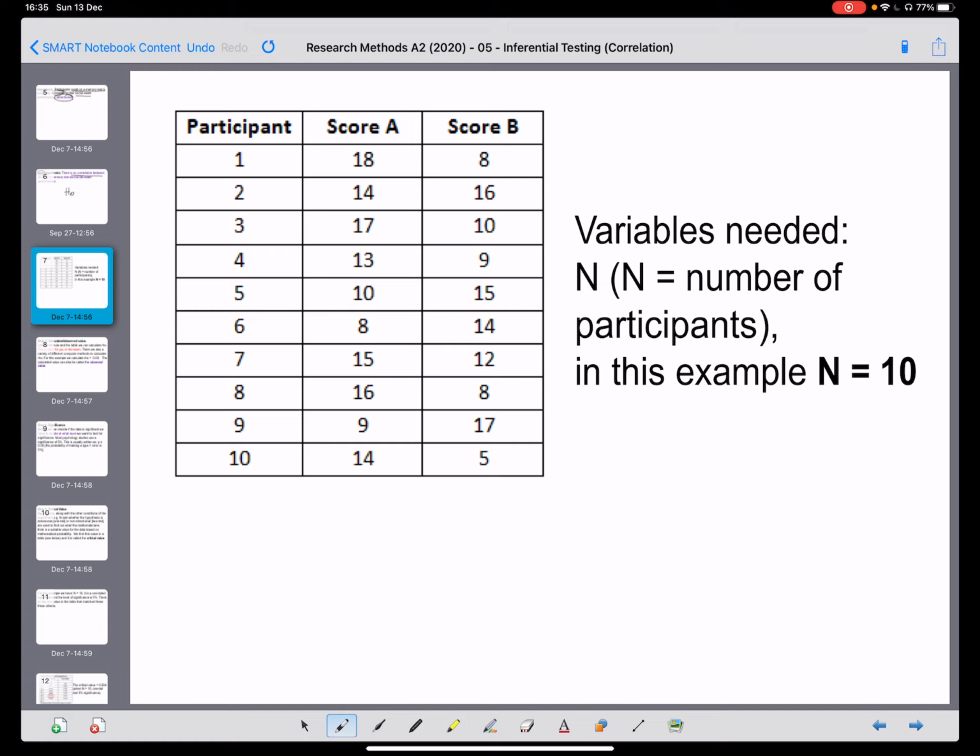And so the table of data may look like it's repeated measures, but it's not, because in the hypothesis I've used the actual word correlation. So therefore, it has to be a correlation. And what we see here is that 10 participants took part in this particular score. So I'm going to say N is 10. Number, or N, is often number of participants.